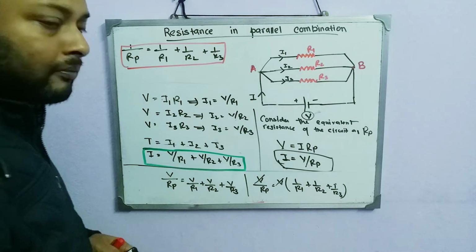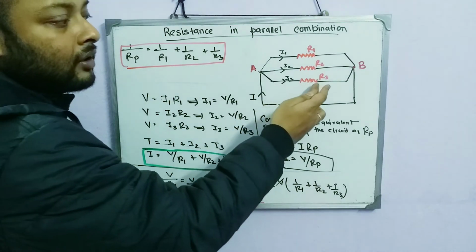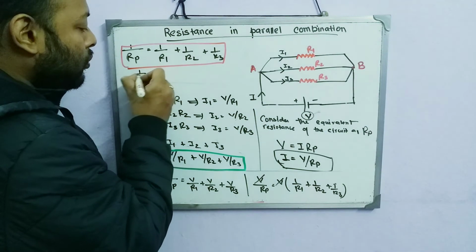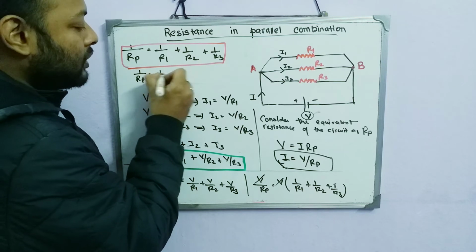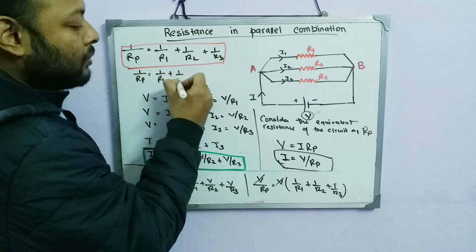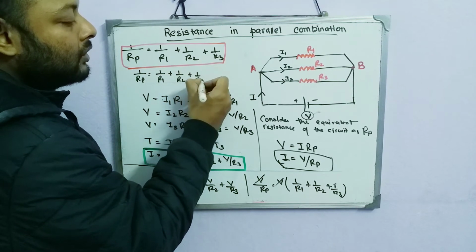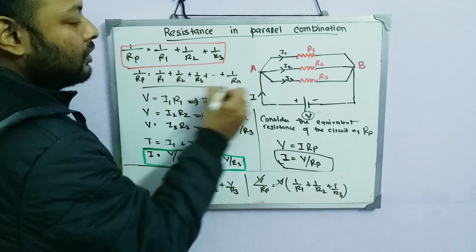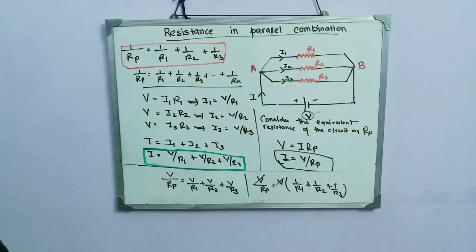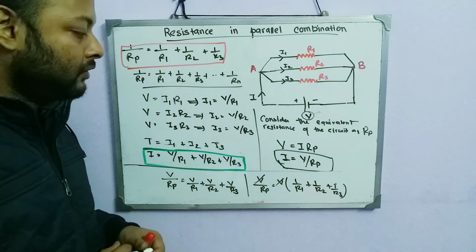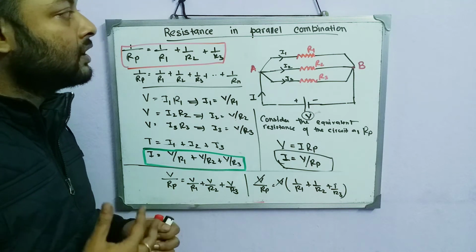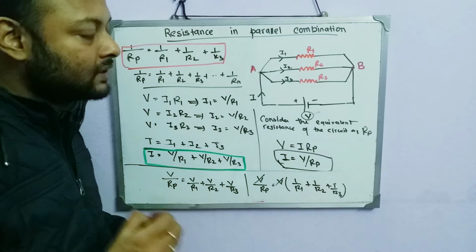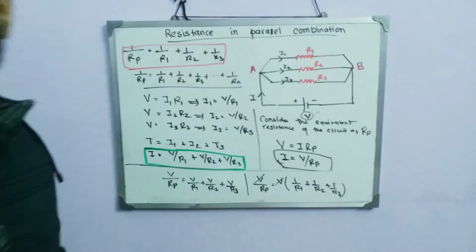Suppose I have many resistances like R4, R5, then the formula becomes 1 by Rp equals 1 by R1 plus 1 by R2 plus 1 by R3 plus ... 1 by Rn. So this is the resistance in parallel. Now let's do one or two sums to understand these things in a much better way.